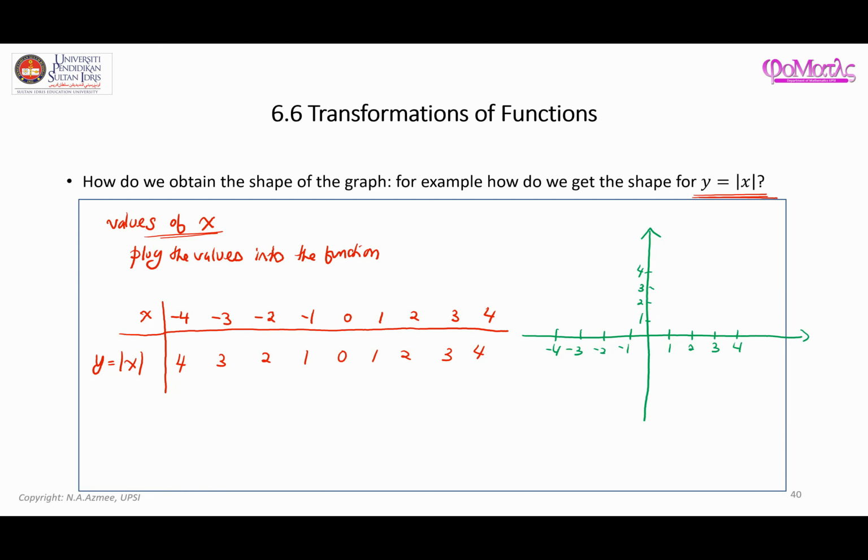Okay, so next I'm just going to plot each pair of x and y. So 1 with 1, 2 with 2, 3 with 3 somewhere here, 4 with 4. So you can see that you get this sort of graph on the positive side. Now move on to the negative side, maybe somewhere here.